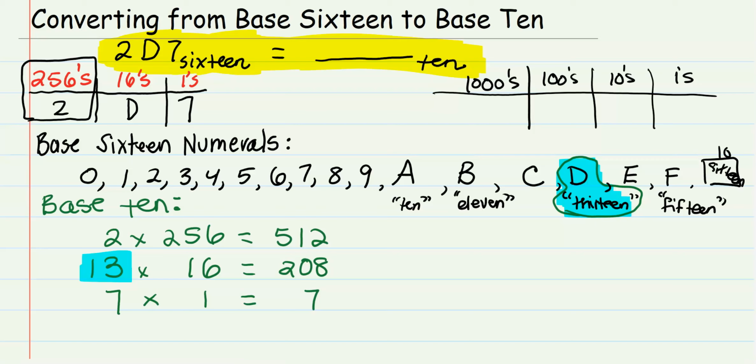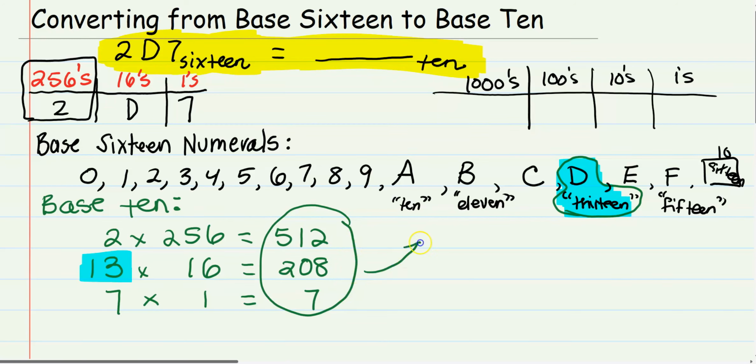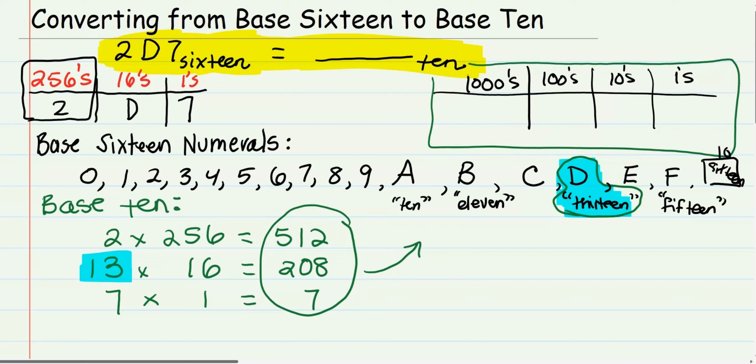The last thing that we need to do is add them up and see how all of these place into base 10. We are now all in base 10 in green there. So if we were to add 512 plus 208 plus 7, we have altogether 727.